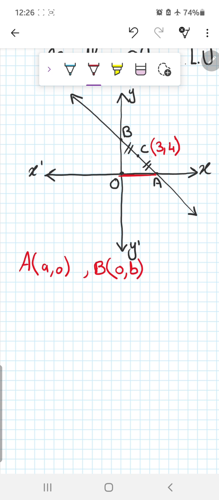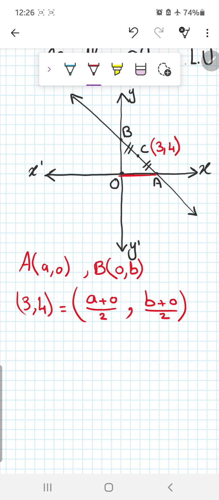Here C is the midpoint of AB. By substitution, (3, 4) equals ((A + 0)/2, (B + 0)/2). So we get (A + 0)/2 equals 3, and also (B + 0)/2 equals 4.